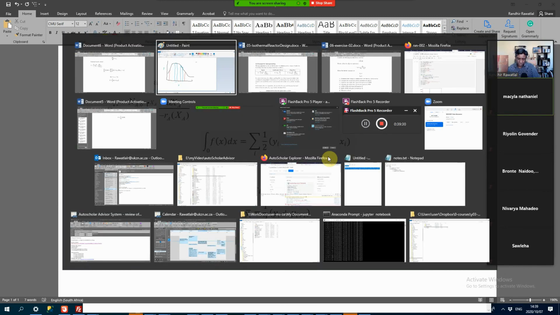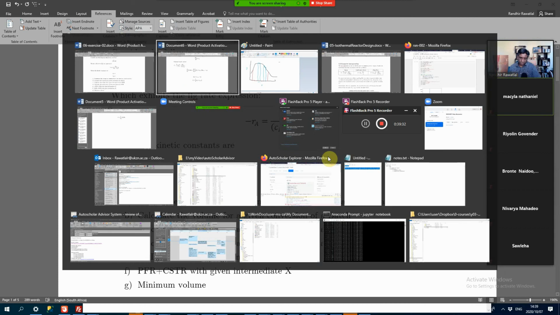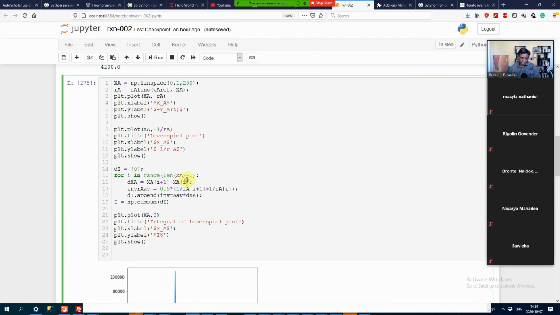And so what I'm doing here is actually estimating that Riemann area in the same way. So here I'm estimating delta XA, and here I'm estimating the average 1 over RA value. So I'm doing this at each interval. And I think I didn't even say that I'm generating a set of values for XA.